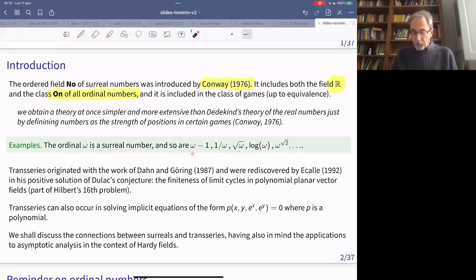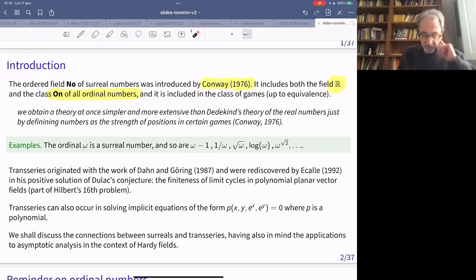So you can perform strange operations like omega minus 1 or 1 over omega, square root of omega. Then we will see you can also do logarithm of omega, omega squared, omega to the square root of 2. So it's a strange object.